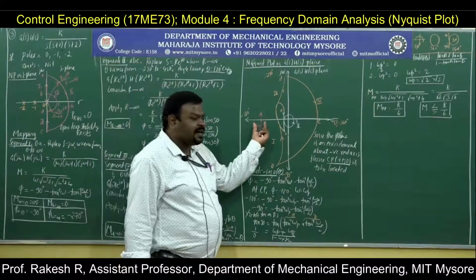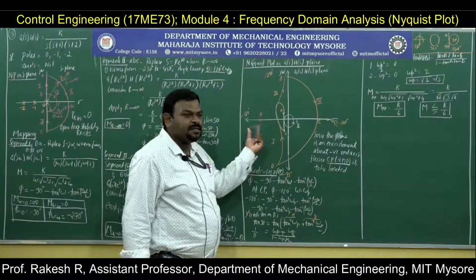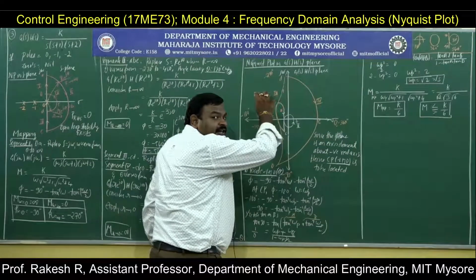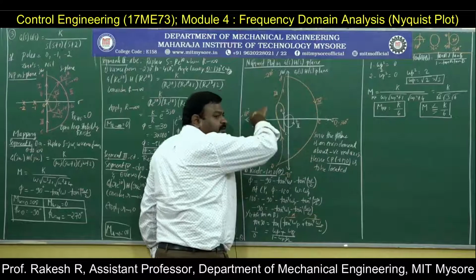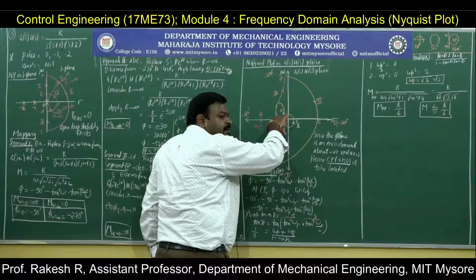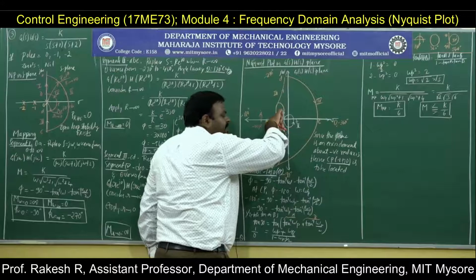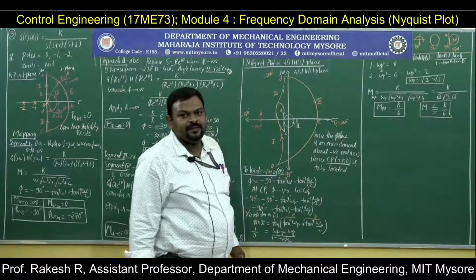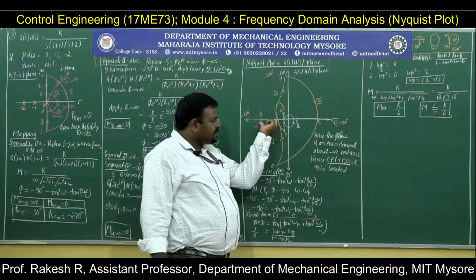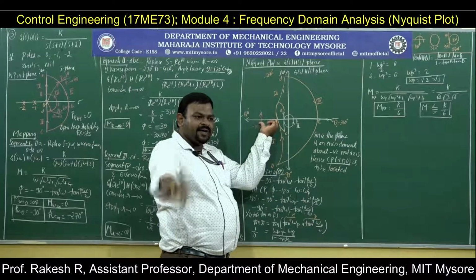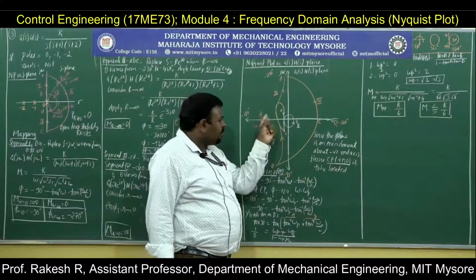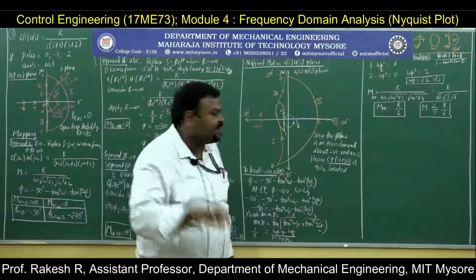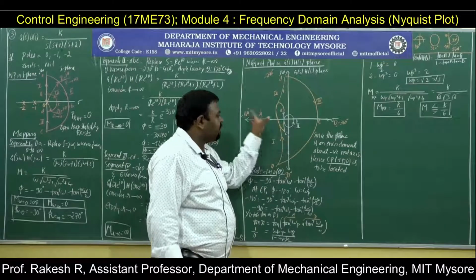If you are locating critical point after the plot means here you have a magnitude circle 1. This circle is having m is equal to 1, but this plot is having magnitude less than 1 because it is far away from minus 1 plus j0. So, we need to add this amount of magnitude in order to make magnitude equal to 1. So, in other words, if the magnitude is less than 1, the critical point will be located after the plot.